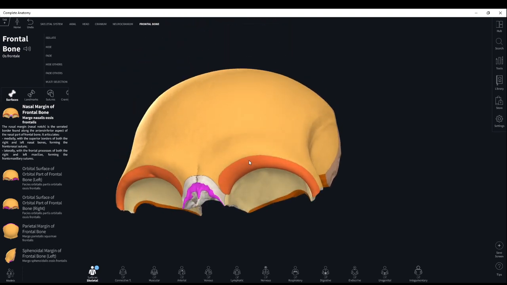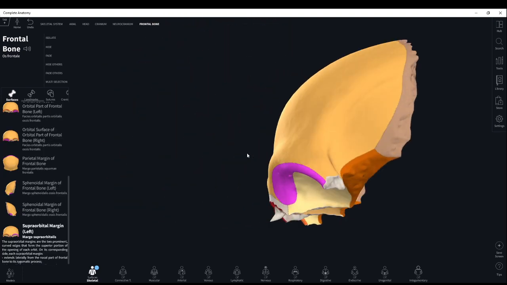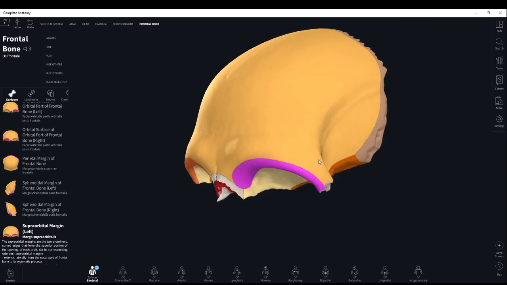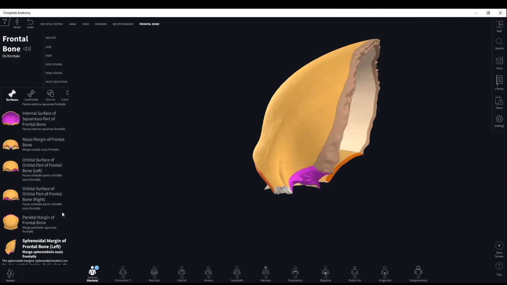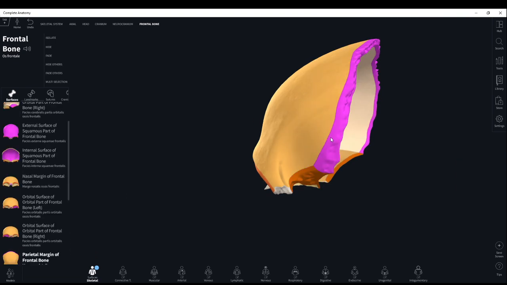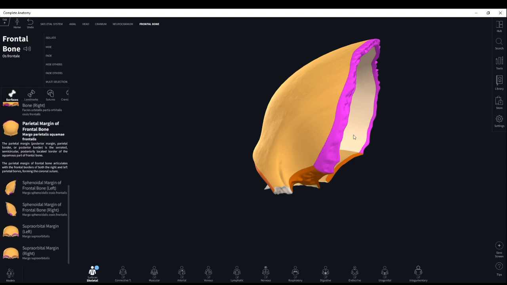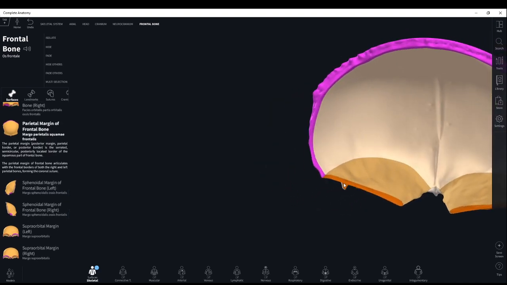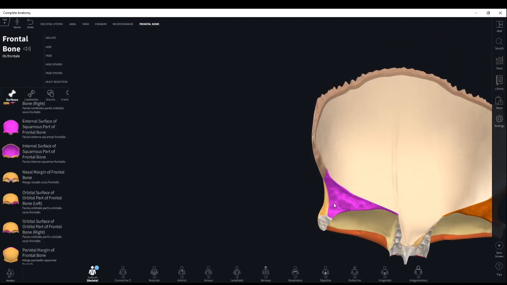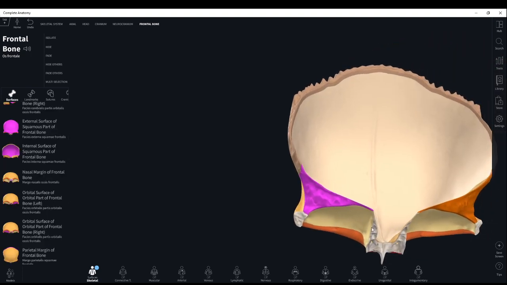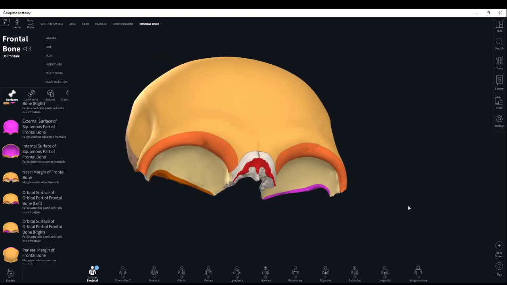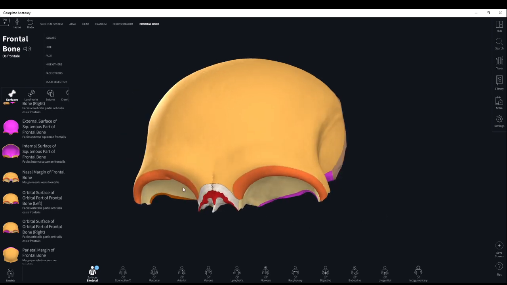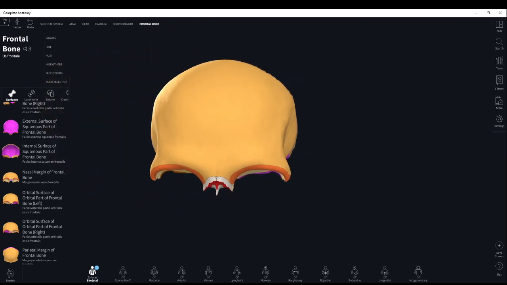And borders: supraorbital margin, margo supraorbitalis, margo sphenoidalis, margo parietalis, the parietal margin of the frontal bone. Yes, and some small amount on the posterior aspect is a continuation of the sphenoidal border. This is a place of relationship with other bones.